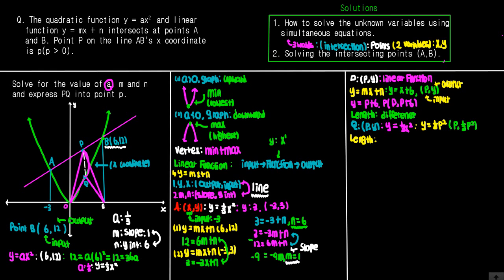The difference between both of them is p plus 6, which is our y coordinate of the linear function, minus 1/3 p squared, which is our y value of the quadratic function. So this is going to be our total answer since we know that we can't solve for an exact value. So our answer for our question is going to be -1/3 p squared plus p plus 6.